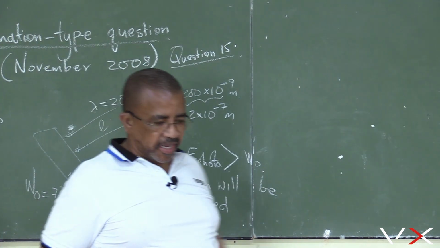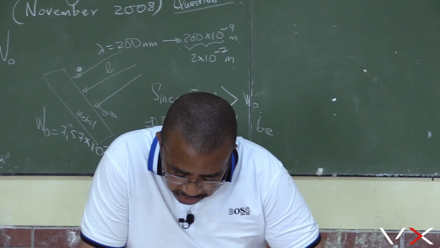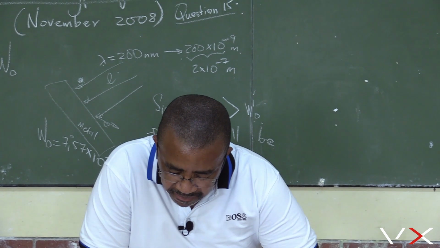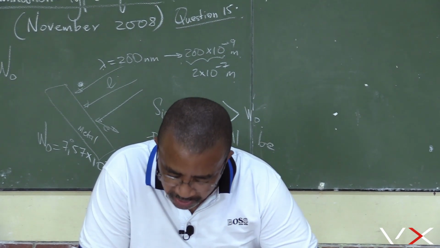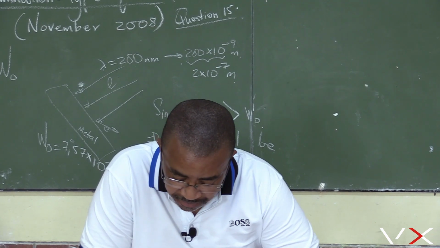That shows by calculation that the metal plate will emit photoelectrons. This is worth 6 marks.